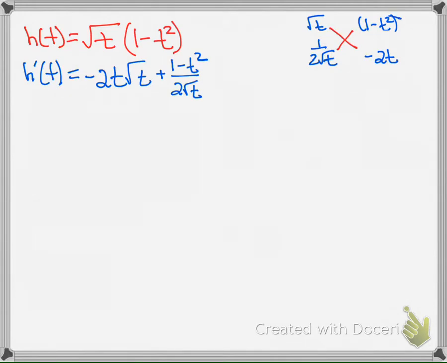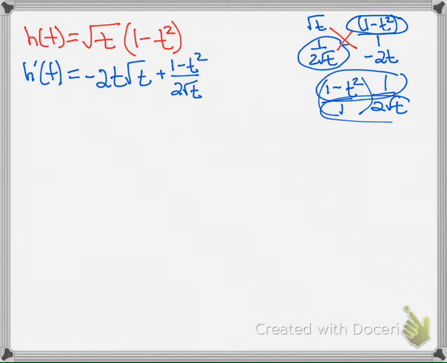Again, when you multiply something like these two, this one's over a 1, so it would look like this. 1 minus t squared over 1 times 1 over 2 radical t. And you just multiply the top across and the bottom across. And I want you to visualize getting straight to this guy right away.